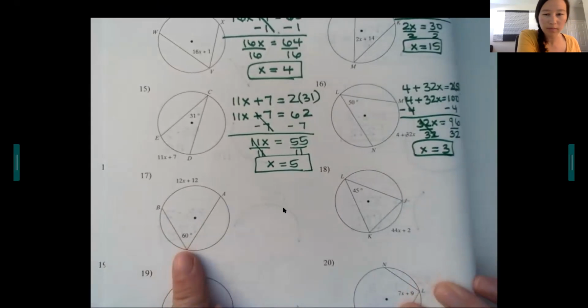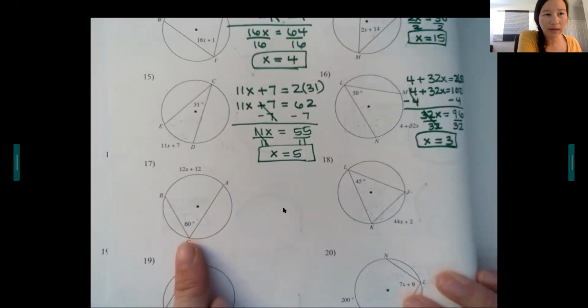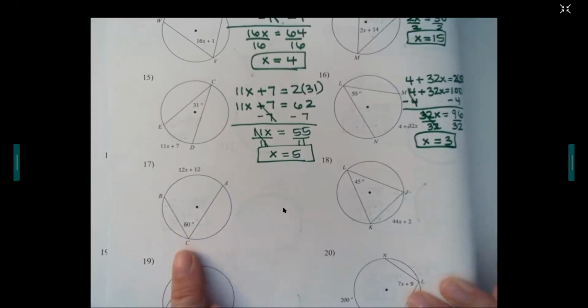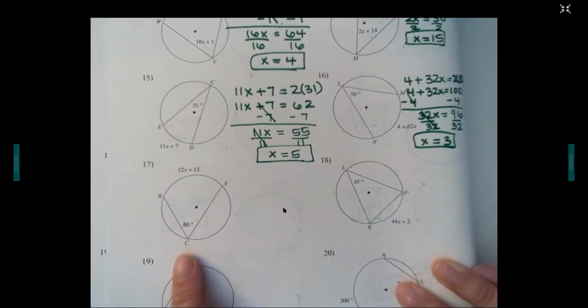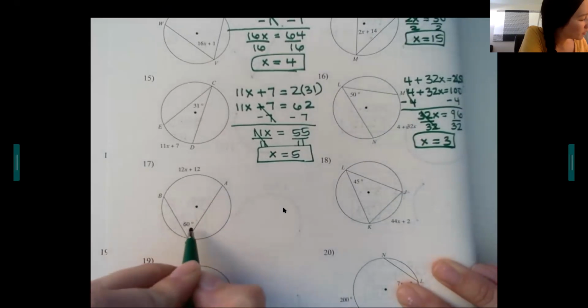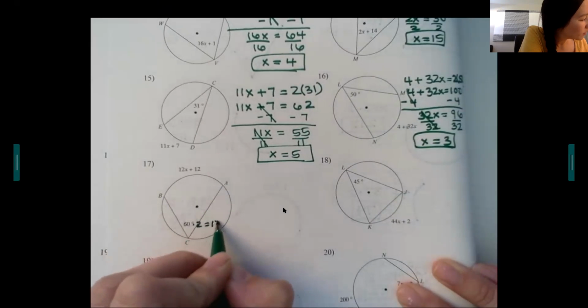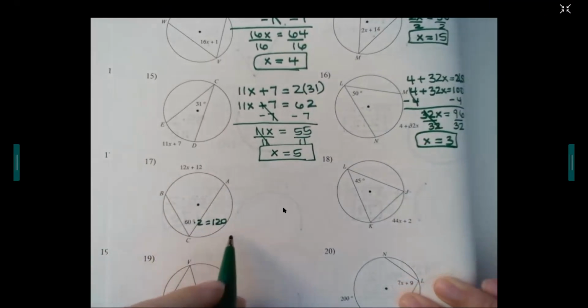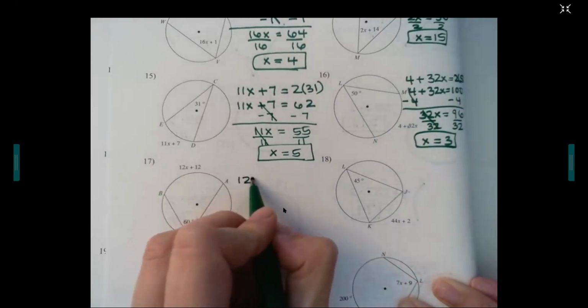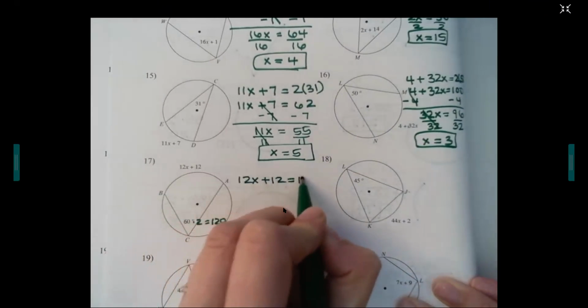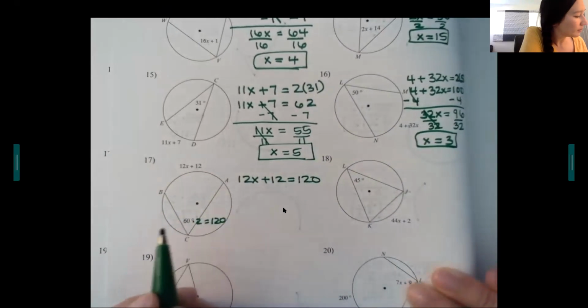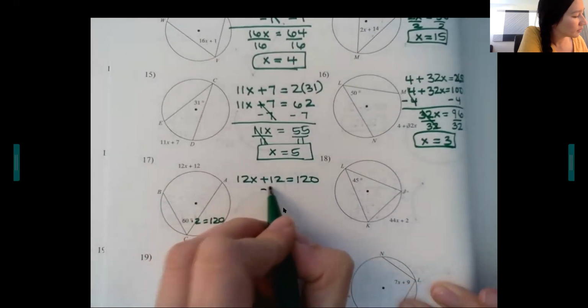Okay, so Jasmine, number 17. Okay, first I multiplied 60 by 2. Very good. And then I put 12x plus 12 equals 120. Good. And then subtract 12 on both sides.